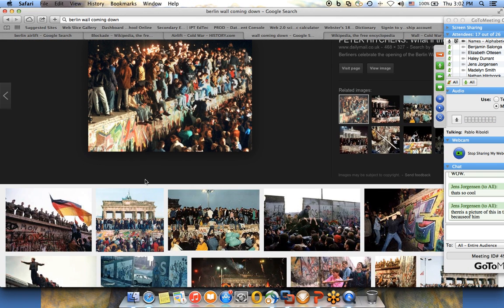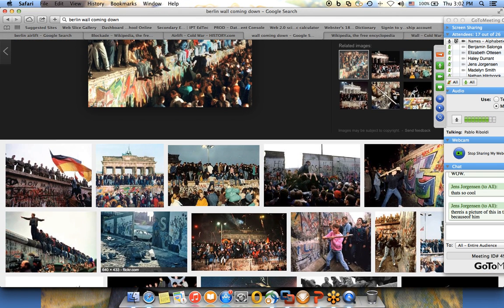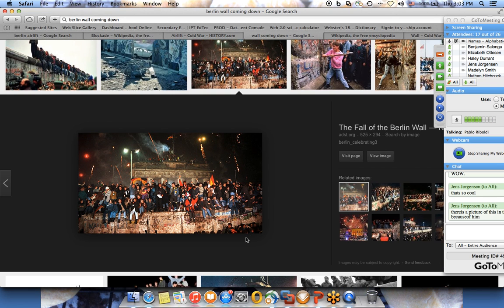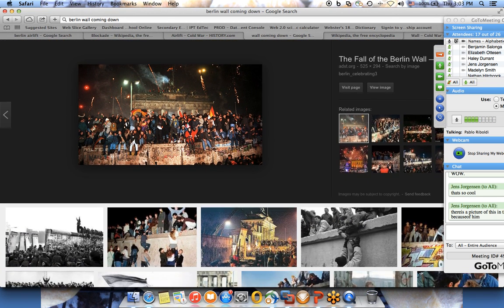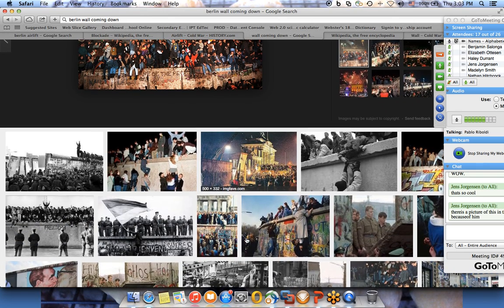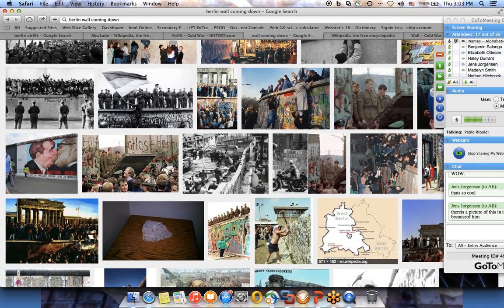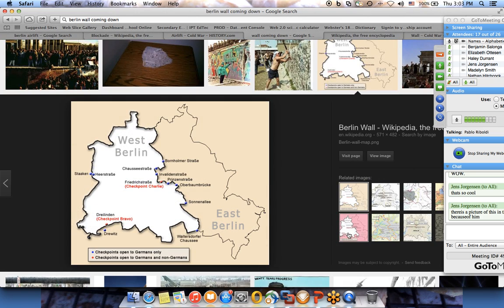Because of that, the German government allowed the church to still function during all those years of the Cold War. And eventually, when the wall came down, they were able to send missionaries to East Berlin and to all the other parts.